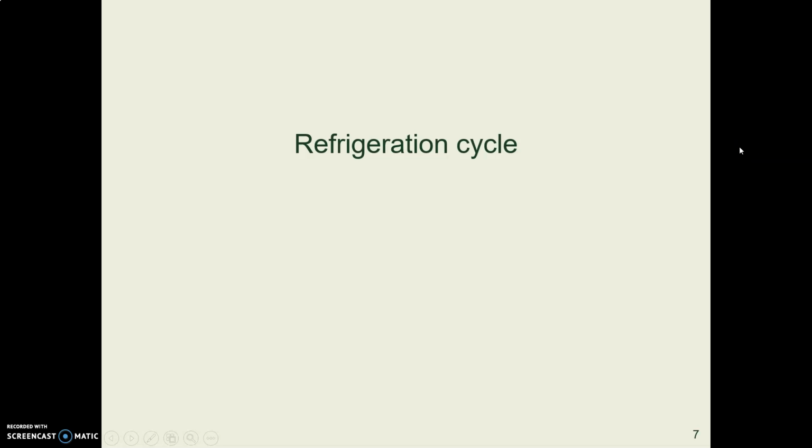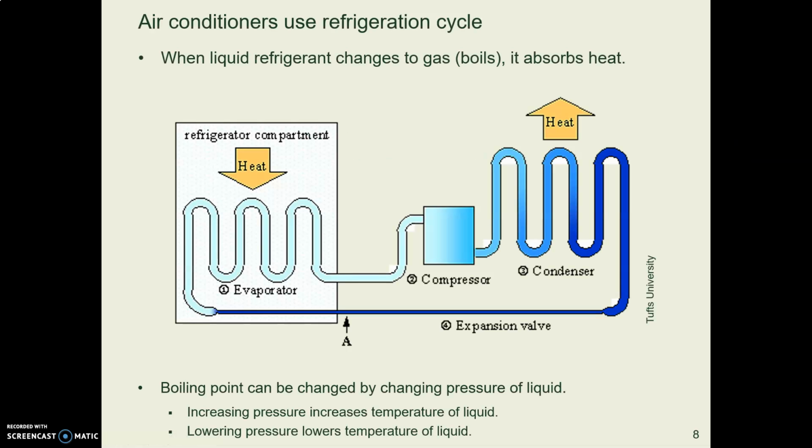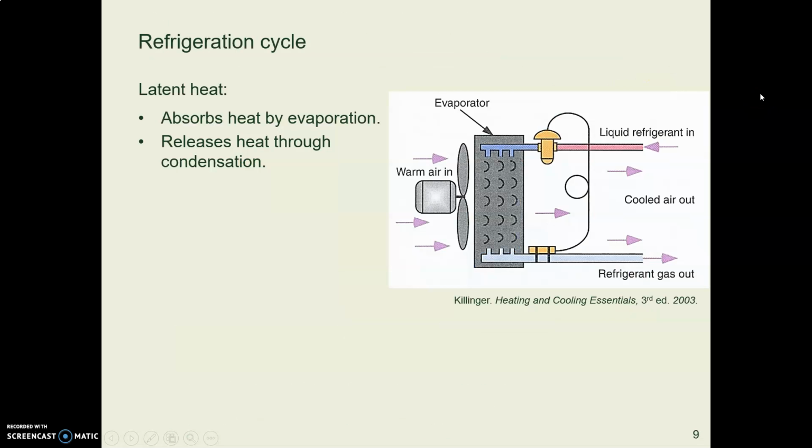Let's look quickly at the refrigeration cycle. And this is the same cycle whether you are talking about a refrigerator or an air conditioner or a heat pump. It works the same. And it's based on the idea that when a fluid changes state, it either absorbs heat or releases heat.